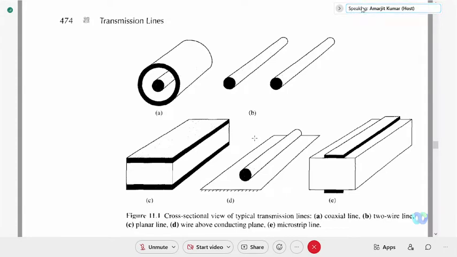In microstrip technology, you can also design a mixer, a phase shifter, an oscillator, and an antenna, phased array antenna, MIMO antenna. So microstrip transmission line can be used for all of these.